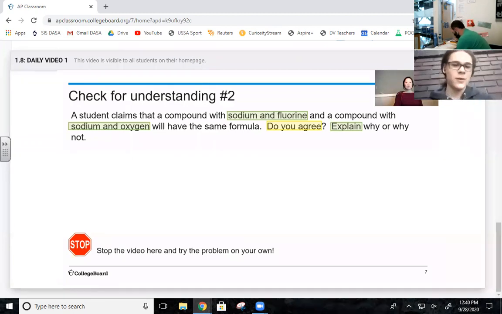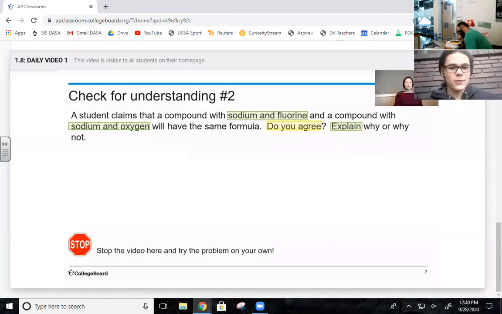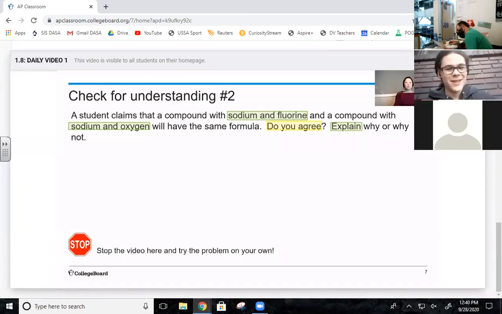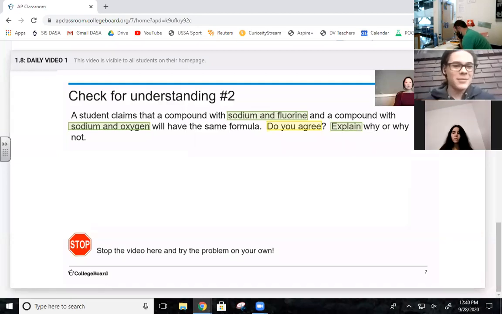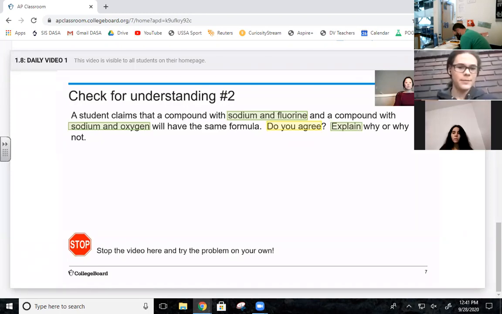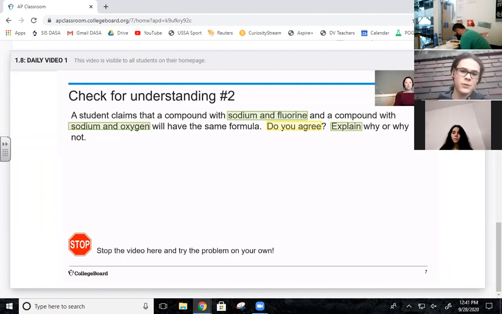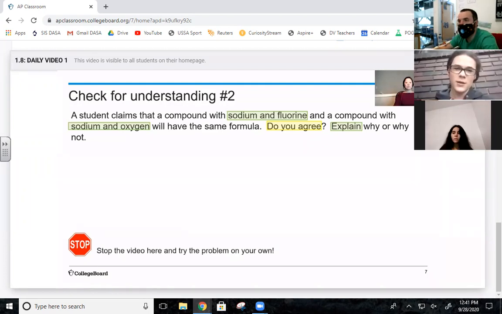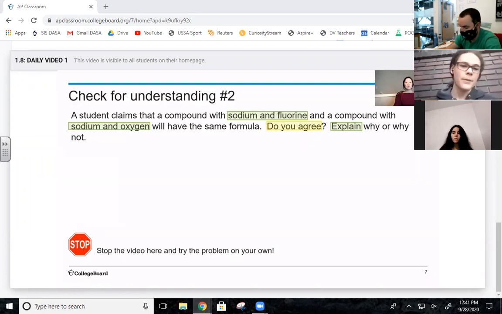So sodium and fluorine, I'm confused actually, sorry. I'm getting kicked out, so I don't know how well that's going to work out. So fluorine would be different from oxygen, but they're in the same column on the table, right?